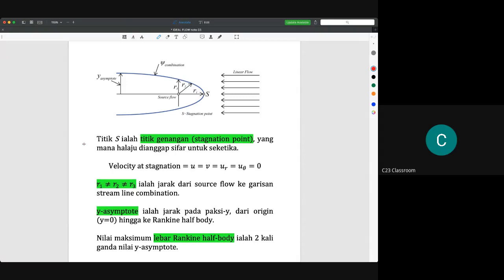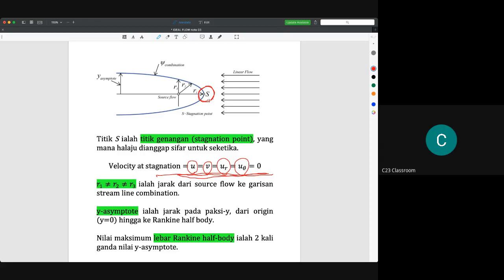Okay, we look to the notes. S here is the stagnation point, and you know, stagnant means there is no movement. So we assume that velocity at stagnation point is equal to 0. Any velocity. So means that if you are talking about Cartesian coordinate, the u and the v are 0. And in polar coordinate, ur and u theta are also equal to 0. So in stagnation point, there is no movement. But this happens for a while.